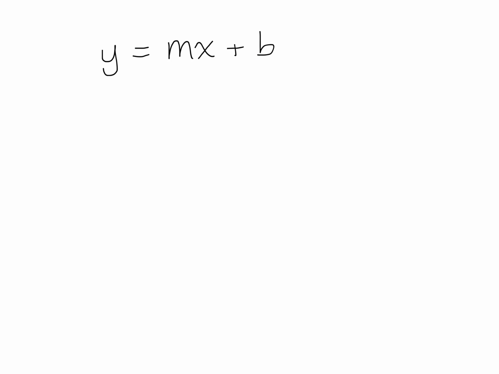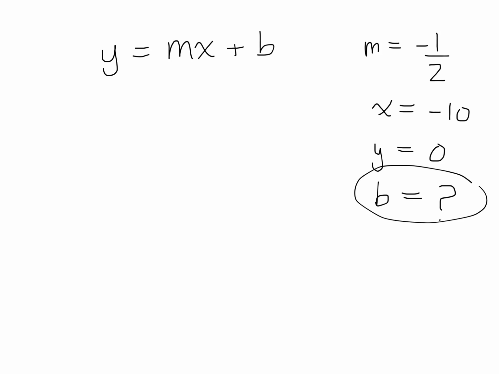So once again, m is equal to negative 1 over 2 because we know it has to be a negative reciprocal. x was negative 10 and y is 0 because it had the same x-intercept. Negative 10, 0 is an x-intercept, right? When y is 0, the value of x is the intercept. So we need to plug all of these in and solve for b.